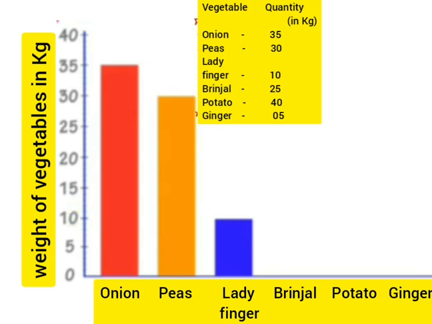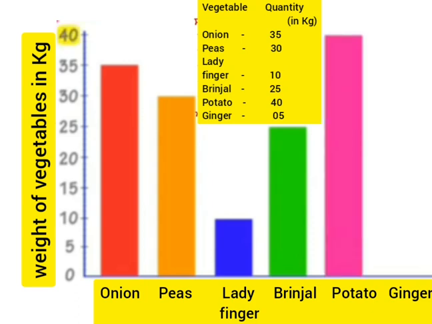Draw another rectangular bar up to 25 kg mark on the scale to show the brinjals sold. Similarly, the quantity of potatoes sold is 40 kg. Now we will draw a bar up to 40 kg mark on the scale. It will show the potatoes sold equal to 40 kg.